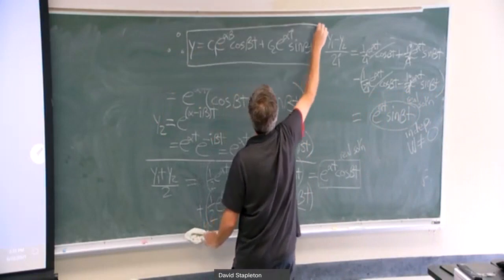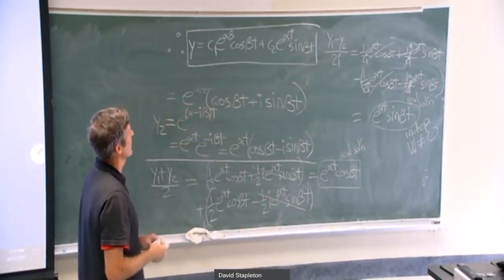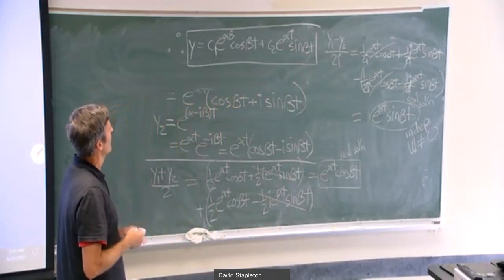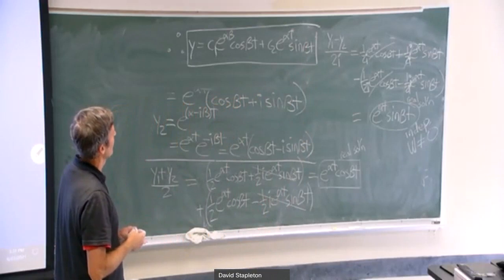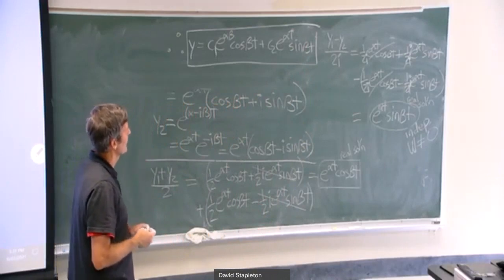This, in fact, is the general solution of the differential equation. 2 independent solutions given an arbitrary linear combination. Doesn't matter what C1 and C2 I pick, I get a solution. I get all solutions by letting those be arbitrary.